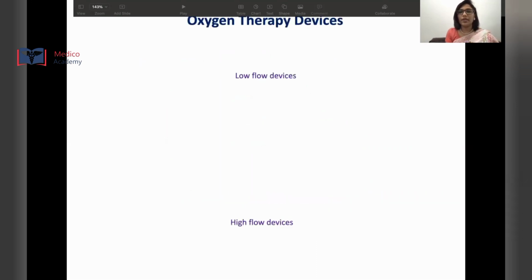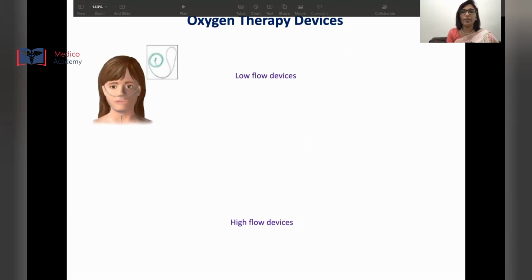Oxygen therapy devices can be broadly classified into low flow devices and high flow devices. Low flow devices are those which utilize low flows of oxygen, ranging from 1 to a maximum of 15 to 20 liters per minute. Examples would be the common nasal cannula and the oxygen mask which we use.